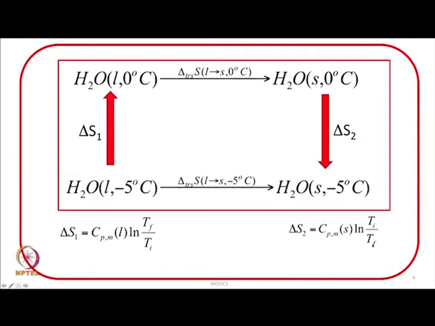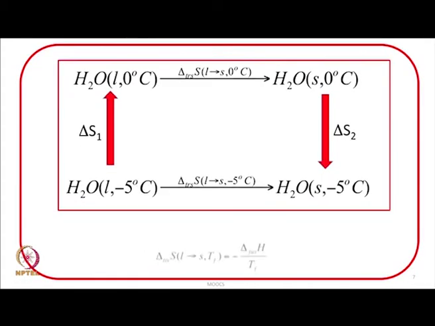Please remember here Ti and Tf are being used as initial temperature, which is minus 5 degrees Celsius, and F is the freezing point. And when you add these two up, delta S1 plus delta S2 will be equal to Cp of liquid minus Cp of solid into log Tf by Ti. This is by addition of the two. After having this information, now we would like to calculate delta S for this phase transition.